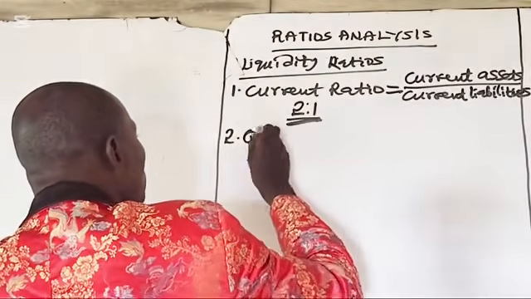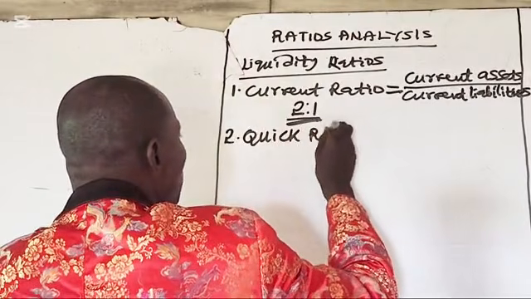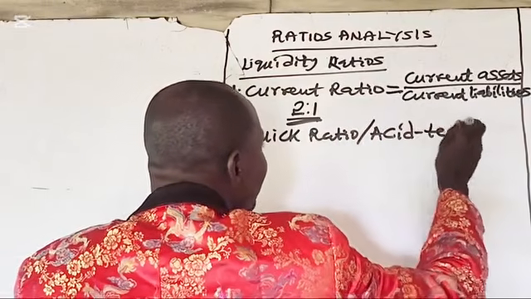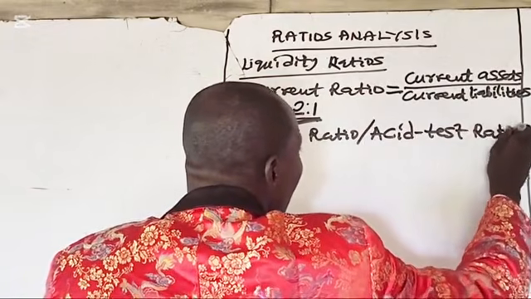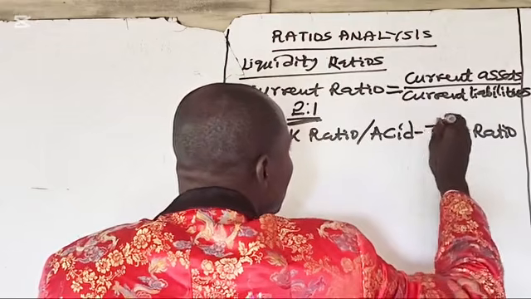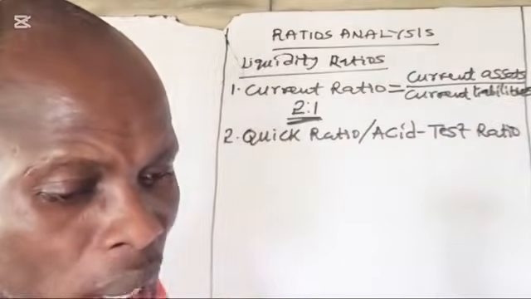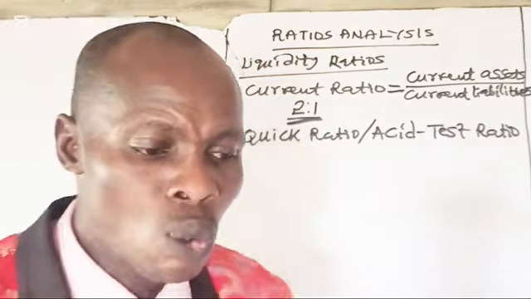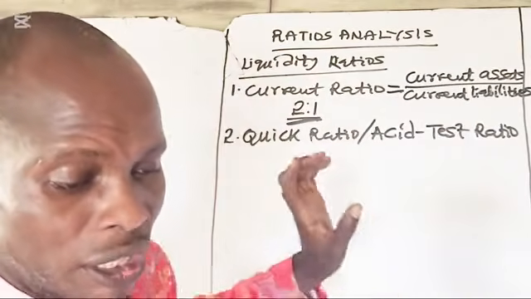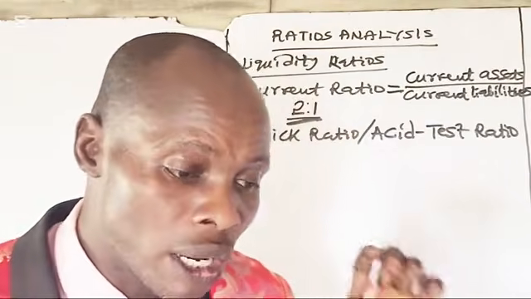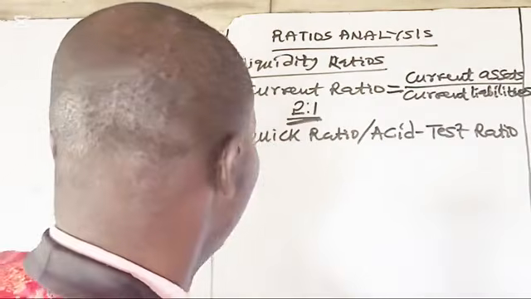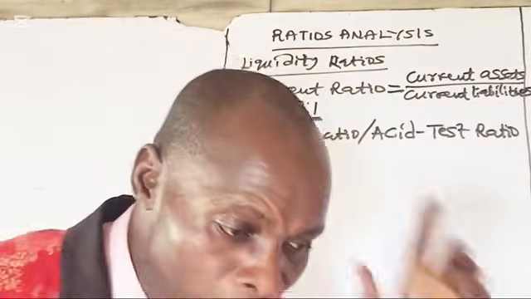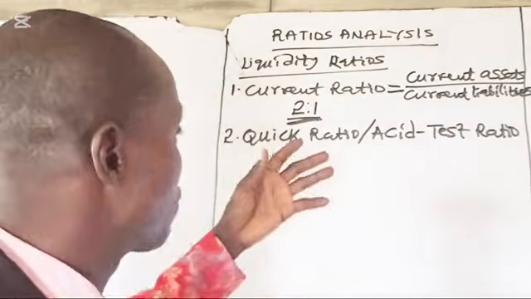Quick ratio or acid test ratio. This ratio indicates whether a company can meet its current liabilities without relying on the sale of inventories.